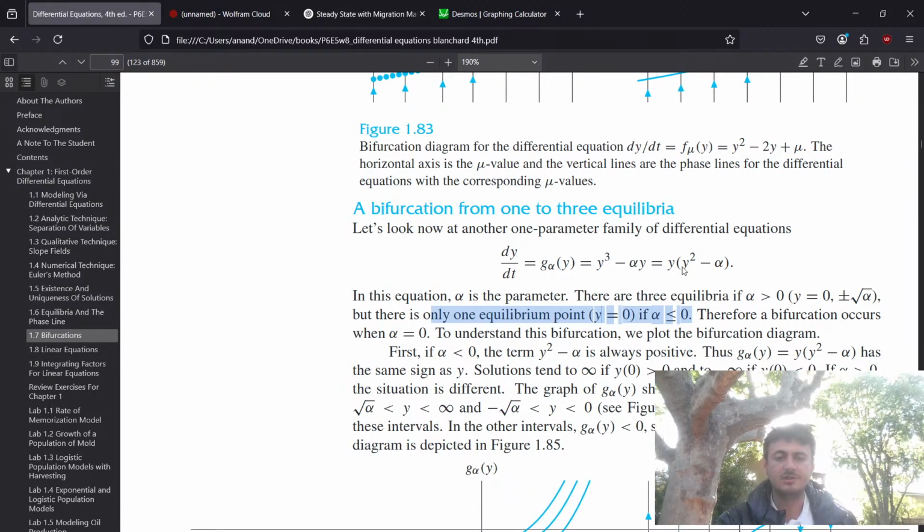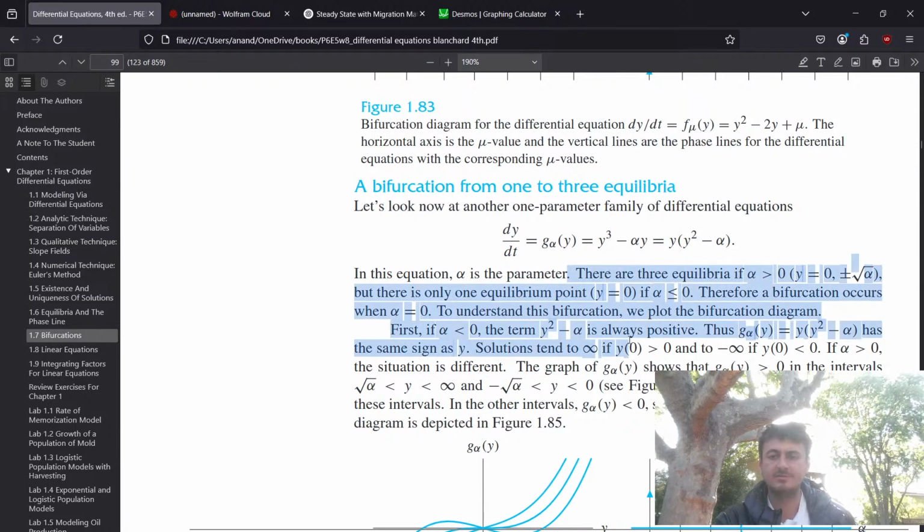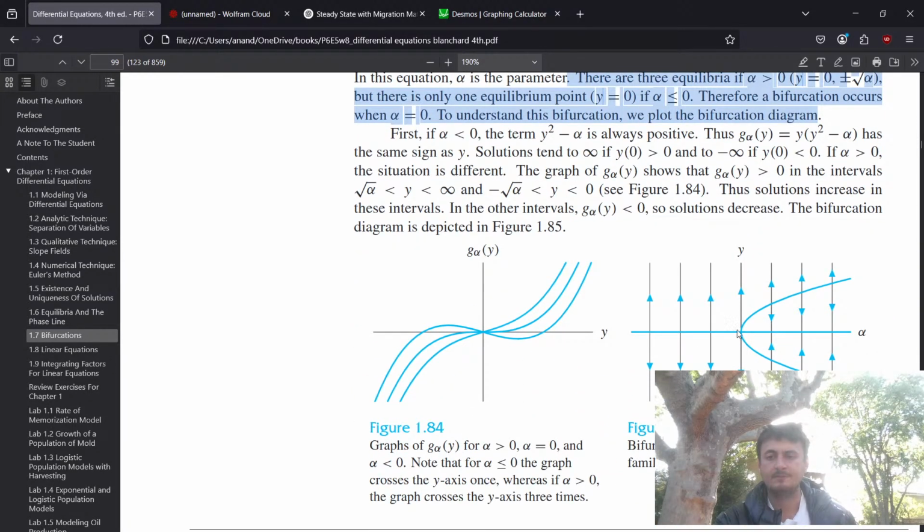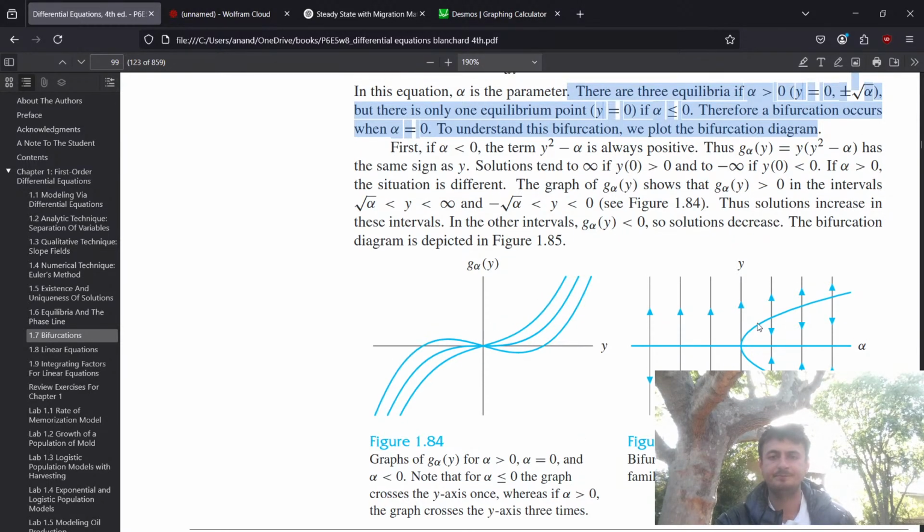Therefore, a bifurcation occurs when alpha equals 0. To understand this bifurcation, we plot the bifurcation diagram. So 3 to 1, 1 to 3.